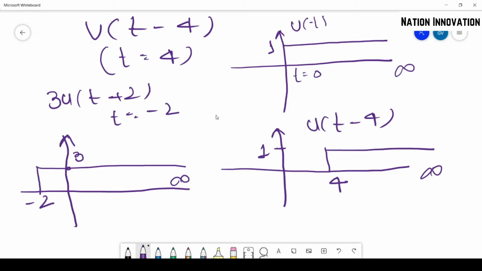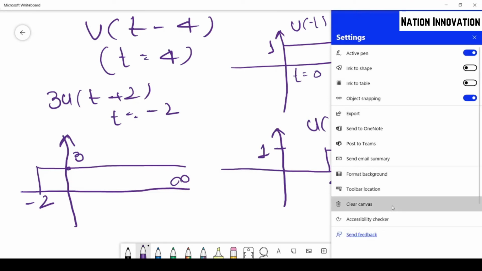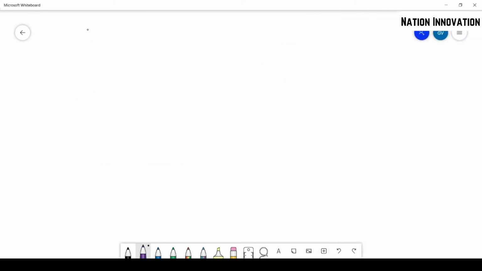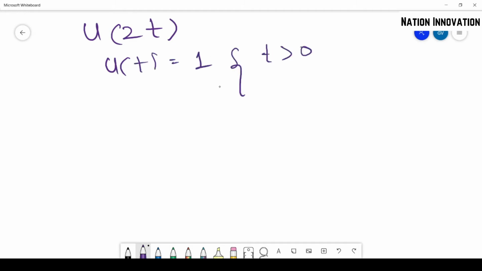Now let's apply another operation: u of 2t. We have seen that u of t is equal to 1 for t greater than 0, and it is 0 for t less than 0.